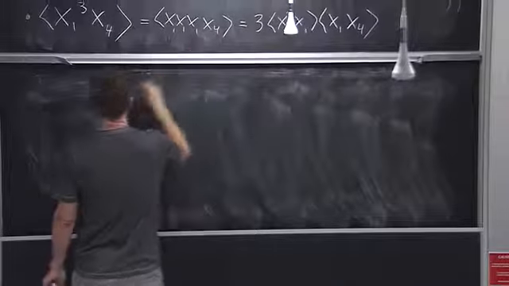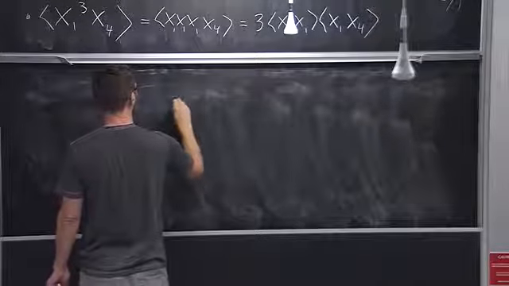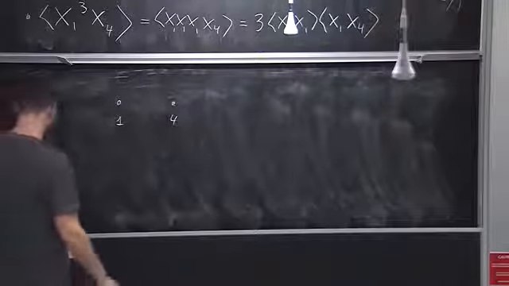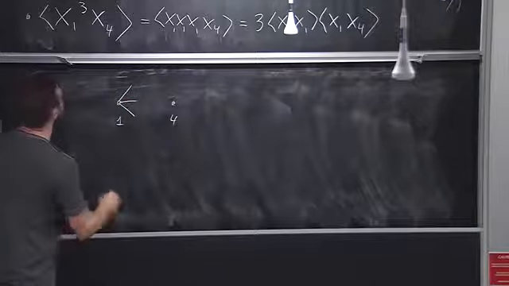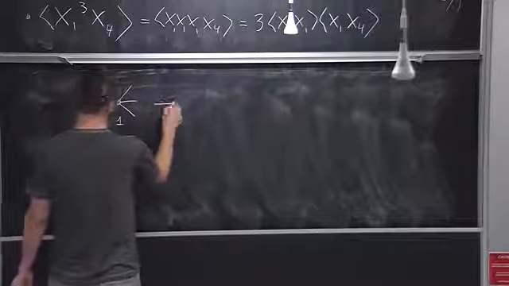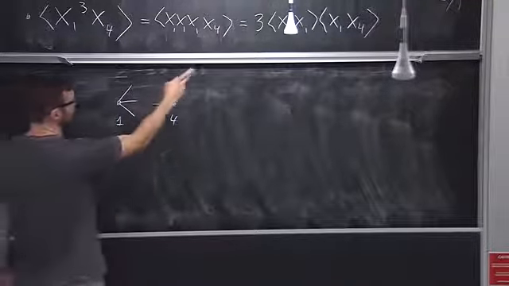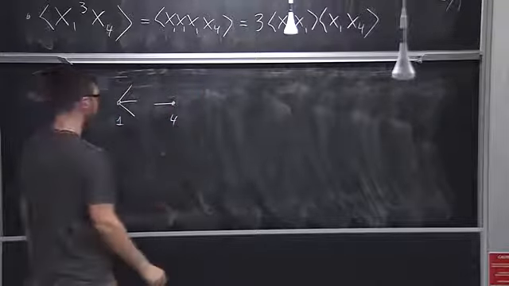And for this example, I have 1 and 4. So how do I connect those? Well, each one of these is like the index. So I have 3 repeated indices. Then I have 1 index here. And so each one of those terms is all different possible ways of connecting those things, right?